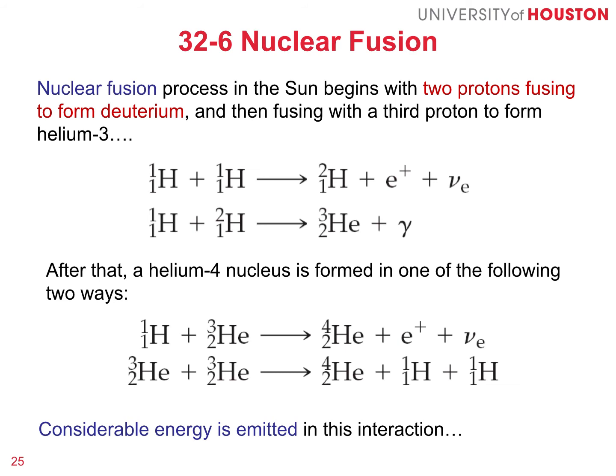After that, a hydrogen can combine with a helium-3 to make a helium-4, or two helium-3s can combine to make one helium-4 and two hydrogens. All of these interactions emit a considerable amount of energy, and these are the main interactions that ensure that the sun shines bright.